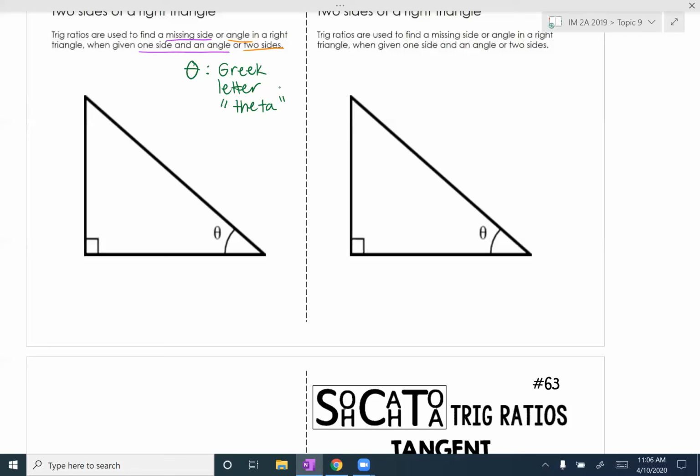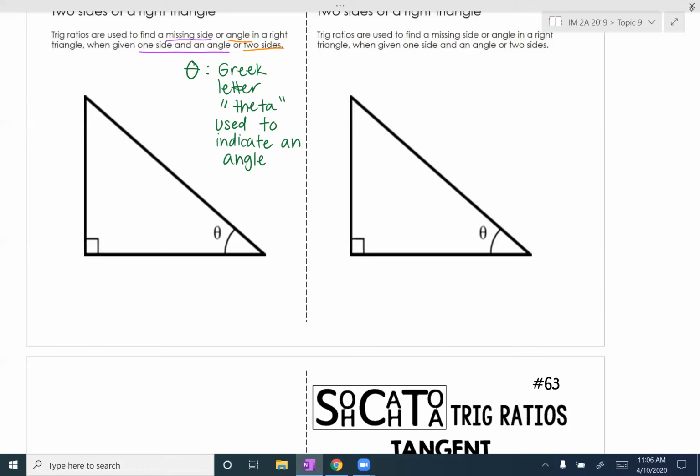It's the Greek alphabet. The Greek letter theta is most commonly used to label an angle, so theta is used for that in math. And theta is the important part of the triangle.